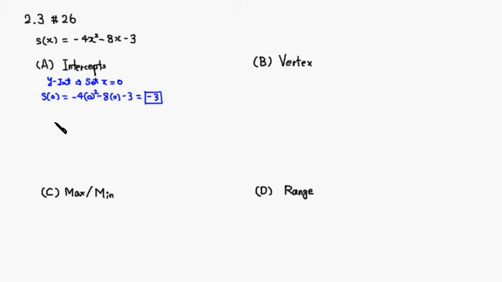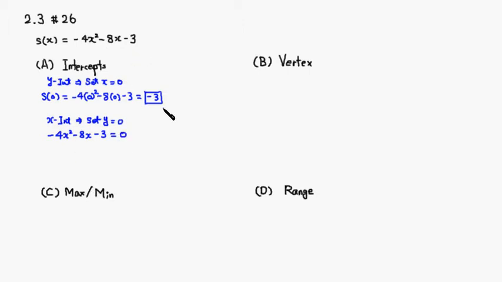If you want to find the x-intercept, we're going to set y equal to 0, which means we set the whole function equal to 0. So you have negative 4x squared minus 8x minus 3, and set this whole function equal to 0.